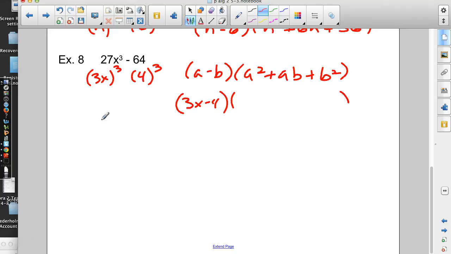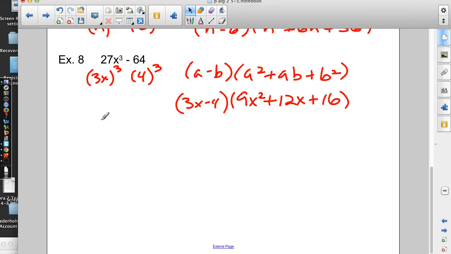But right here, first step, second step, that's where people mess up. Because we need 3x, the entire term, squared. And that's going to be a 9x squared. Middle, you have to multiply those numbers together. So 3x times 4 is 12x. And then don't forget to square your 4 at the end.